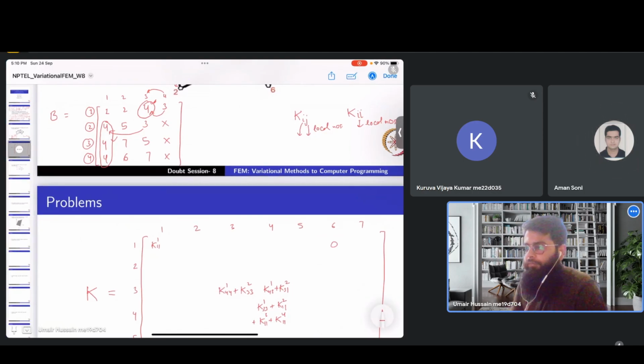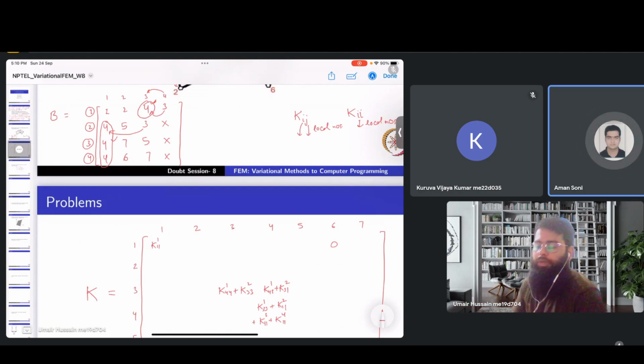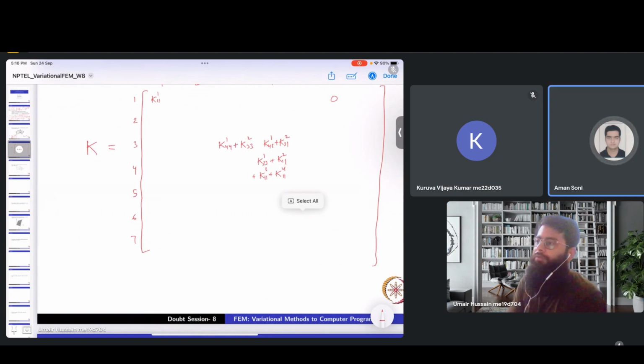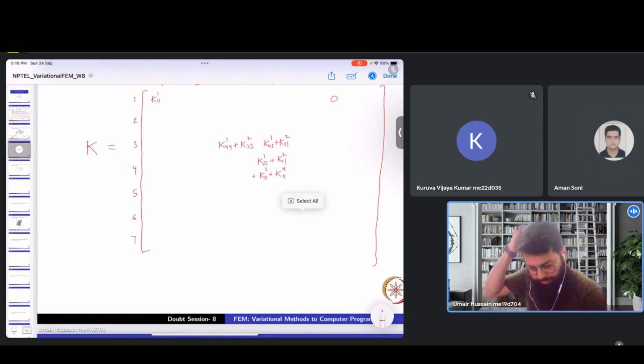The farther from the diagonal you go in this global matrix, the more zero entries you'll get. The majority of the non-zero entries would come around the diagonal of the matrix. To avoid extra storage space and minimize our storage use, there's something called the sparse matrix. That's why you've seen it in some FEM solvers.